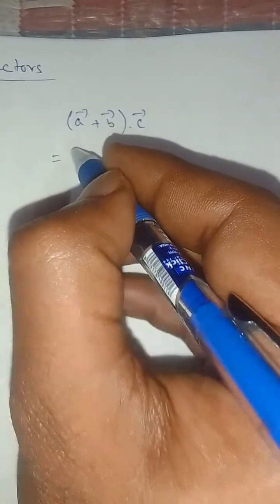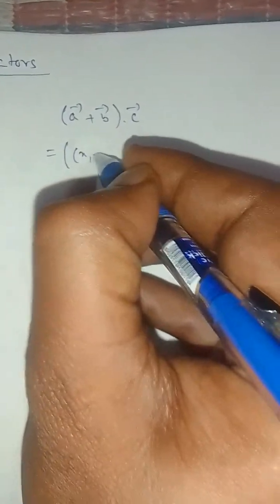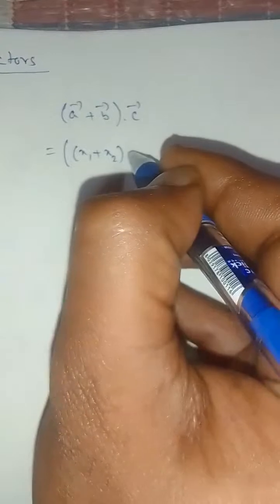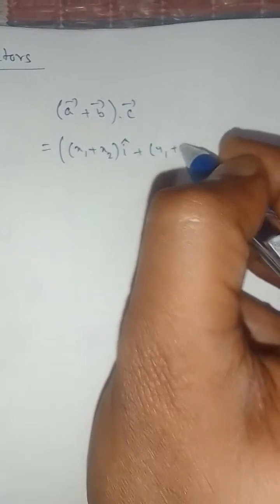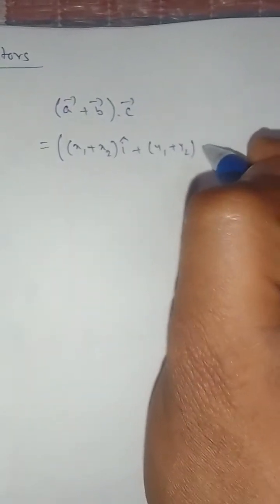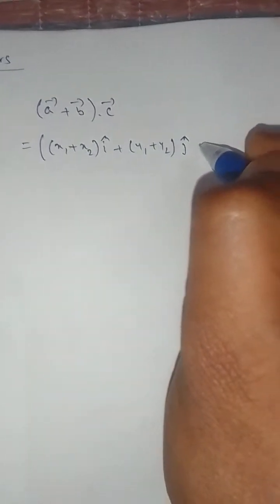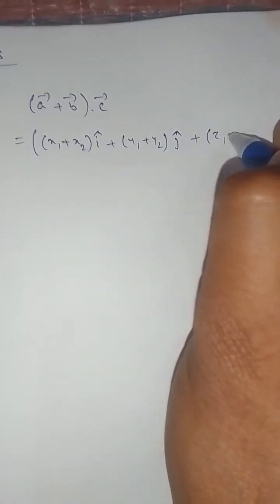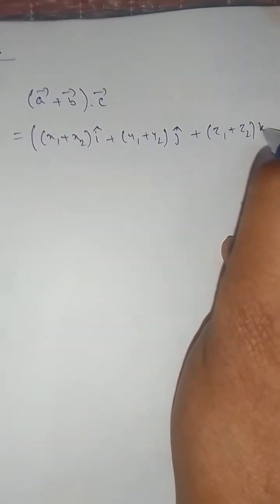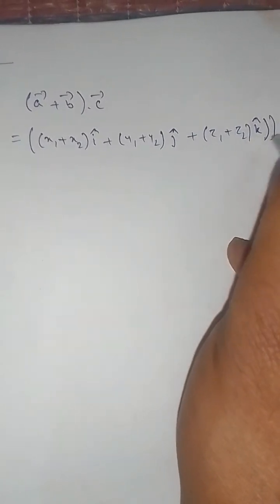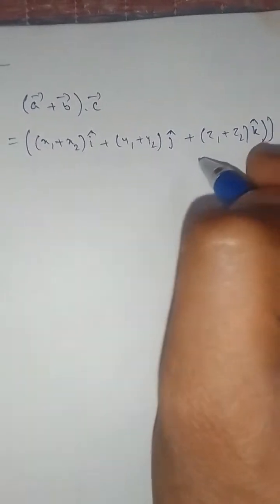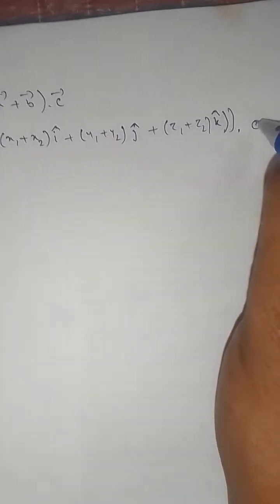So here it will be x1 plus x2 i cap plus y1 plus y2 j cap plus z1 plus z2 k cap, into c vector dot c vector.